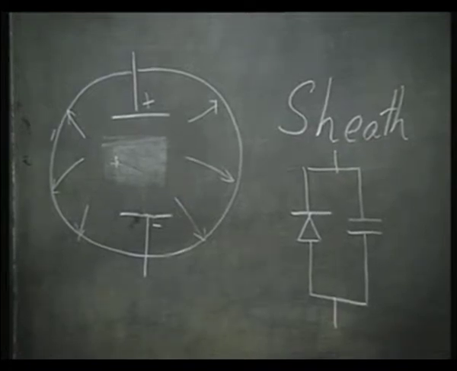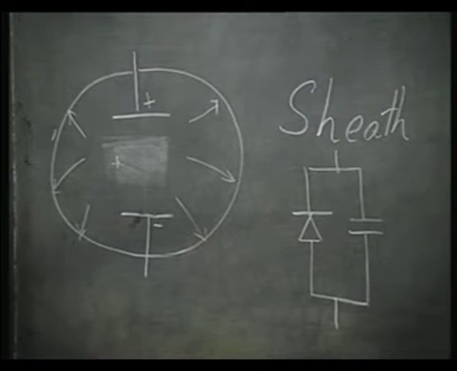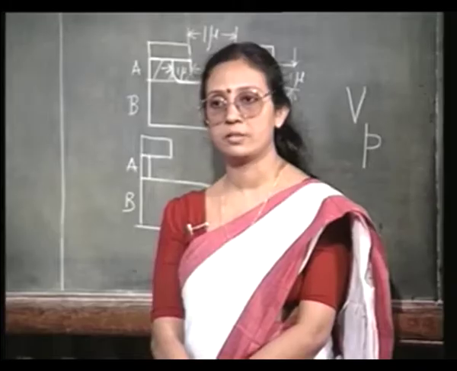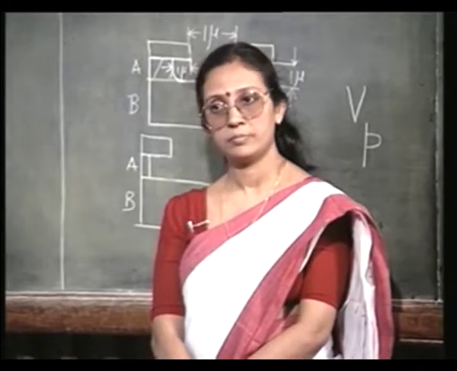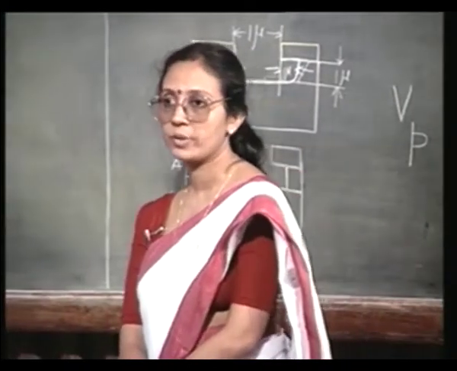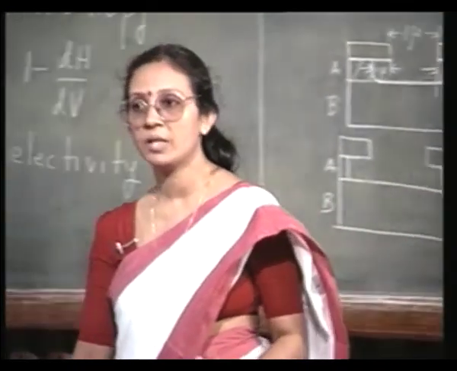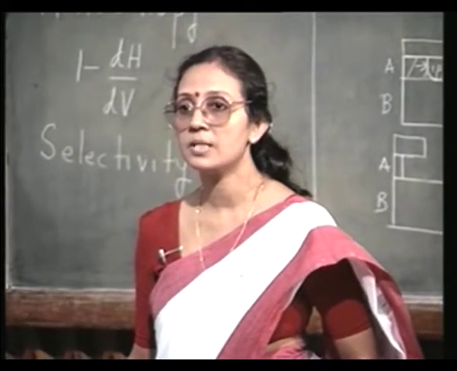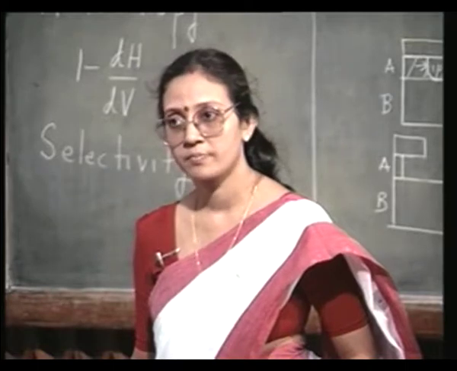It is like when the diode is forward biased, I have the diode in parallel with the capacitor. When the diode is forward biased, I have a flow of current, right. In the negative half cycle, that is when the electrode has become negative, it starts repelling the electrons. That means the diode is actually in reverse bias.